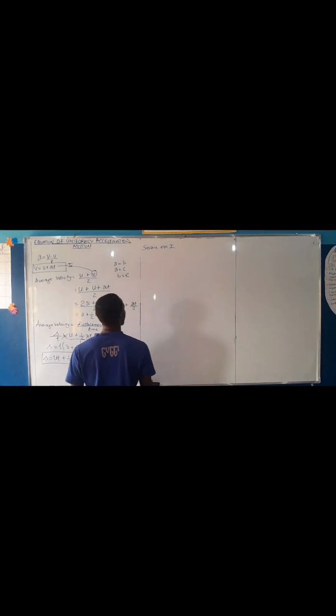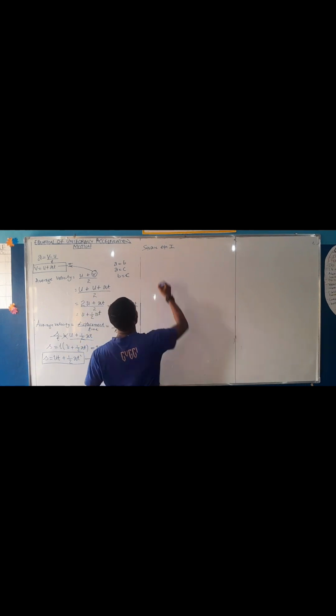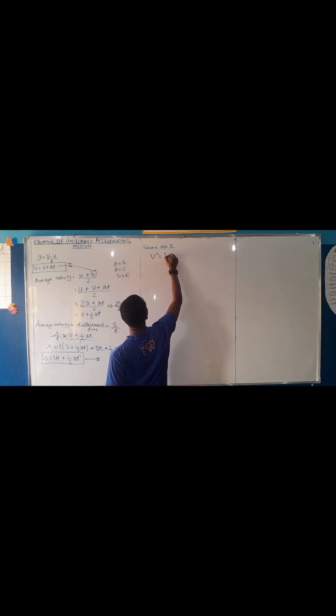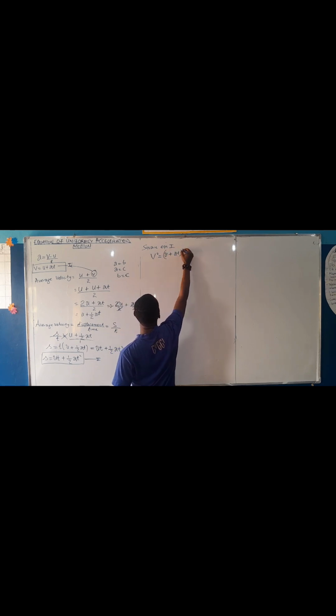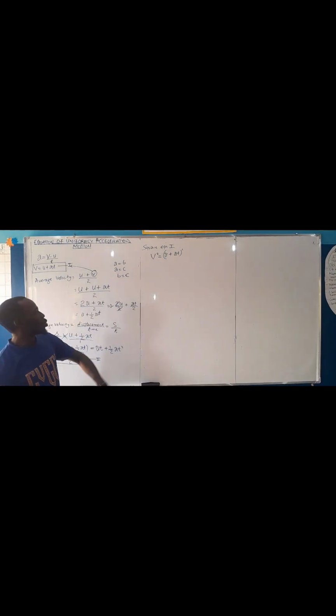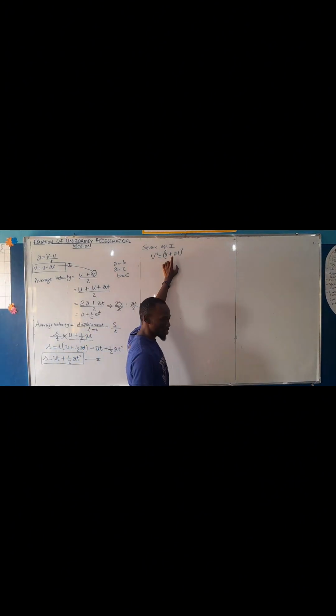Okay, now let me show you how to do it. We want to square everything. It's going to be v squared equals (u plus at) squared. See, you need to be careful with things like this.